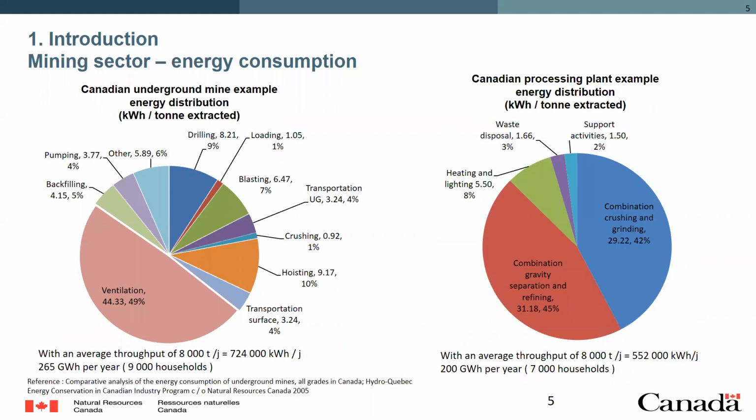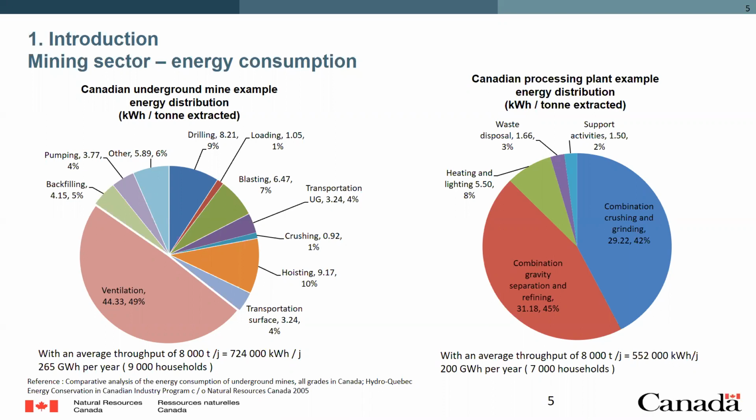Just to give you an idea of what we're talking about, a mine that produces about 8,000 tons per day has a significant energy consumption just at the, let's say, the underground piece. This could be equivalent to 9,000 households in terms of energy consumption. Then all that ore has to be processed on surface.